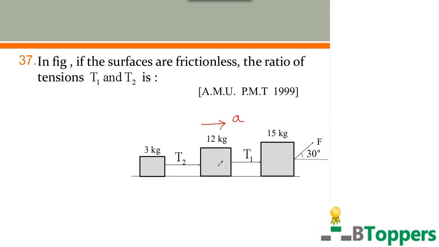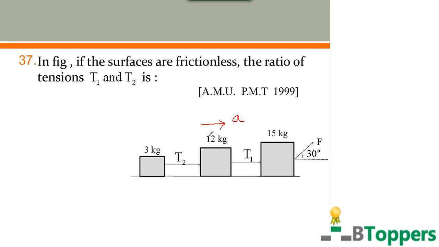So to find T1, you can consider the two blocks of masses 3 kg and 12 kg, and also the string connecting the two blocks, all these three, as one system of mass 3 plus 12, or 15 kg.